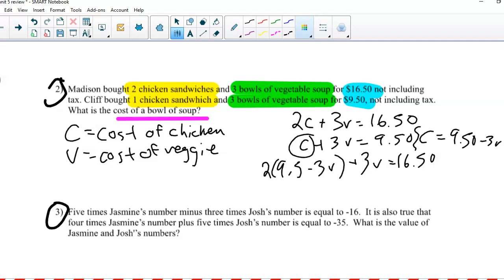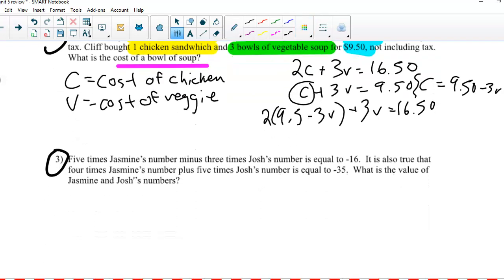Okay, and then how would we solve this? Distribute. So 2 times 9.5 is 19, minus 6b plus 3b equals 16.50. When we combine our like terms, how many b's do we have? We have negative 3.